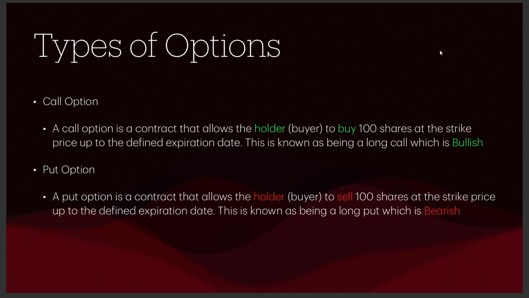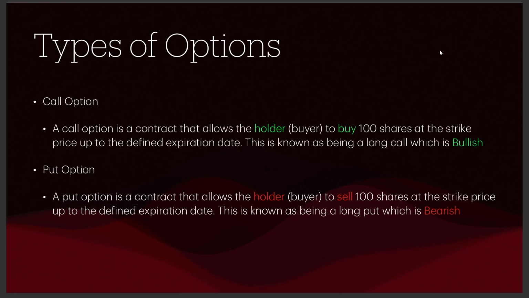And then on the other side, we have put options. A put option is a contract that allows the holder to sell 100 shares at the strike price up to the defined expiration date. This is known as a long put, which is bearish. Most people will buy puts because they think a stock will go down. Other times, people will buy puts because they own a stock that they may want to offload at some point in the future if the stock begins to tumble quite a bit.